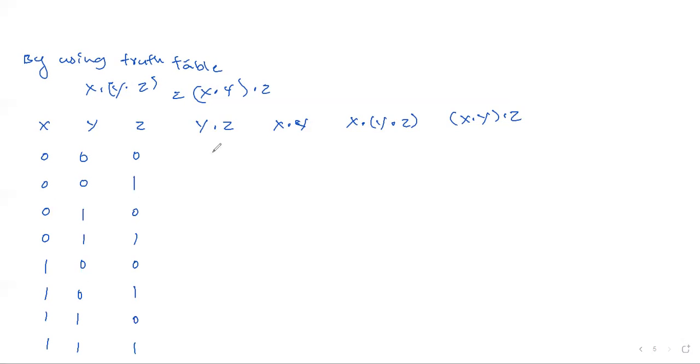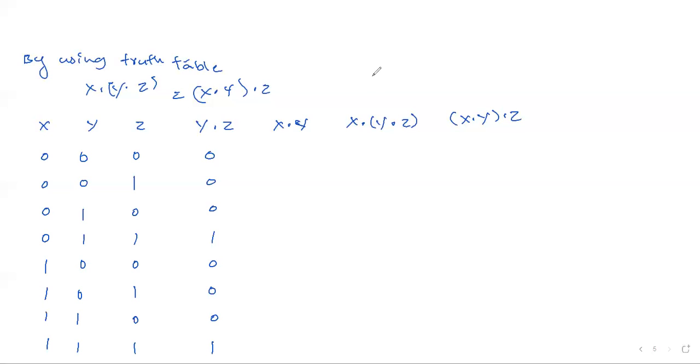Y and Z: 0 and 0 is 0, 0 and 1 is 0, 1 and 0 is 0, 1 and 1 is 1. Again 0 and 0 is 0, 0 and 1 is 0, 1 and 0 is 0, 1 and 1 is 1, 1 and 1 is 1 for Y and Z.